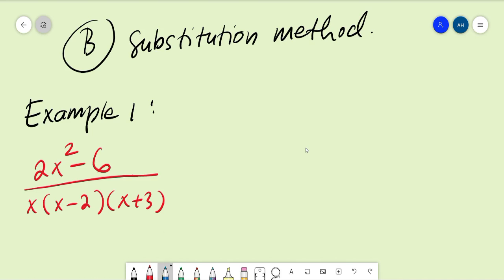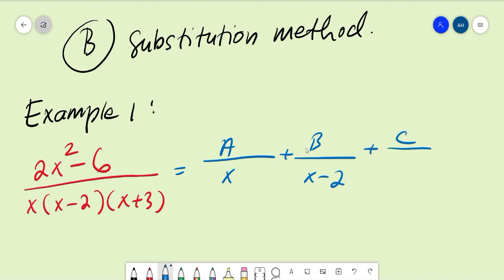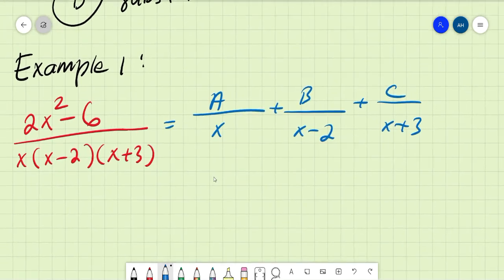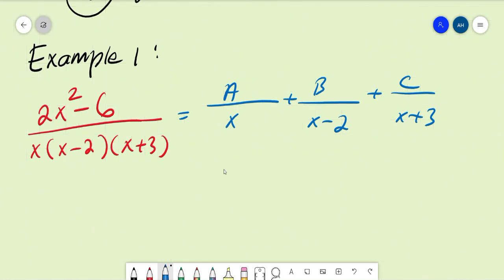So on the right hand side, we can write as usual a over the first factor, that is x, plus b over the second factor, that is x minus 2, and c over x plus 3. Now on the left hand side, let's take the common denominator, that is x multiplied by x minus 2 multiplied by x plus 3.